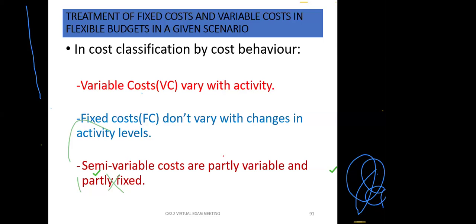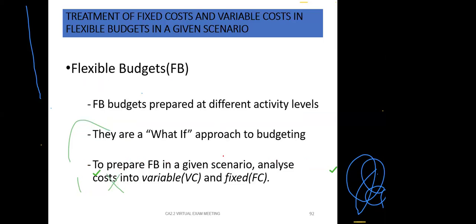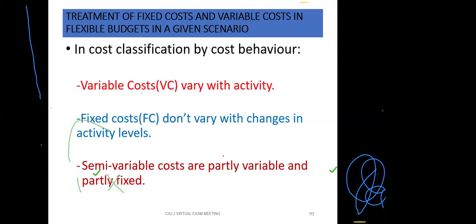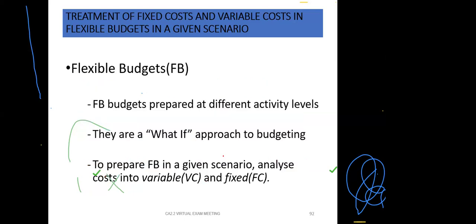Okay, then we move on to the last portion here, flexible budgets. In cost classification by cost behavior, variable costs vary with activity, fixed costs don't vary with changes in activity levels. Semi-variable costs are partly variable, partly fixed.